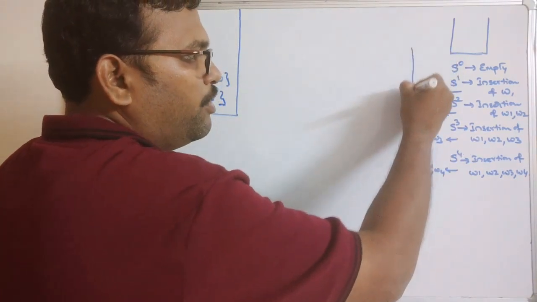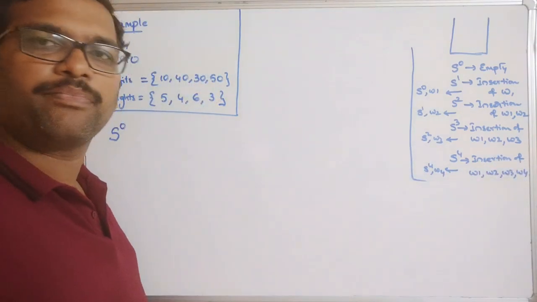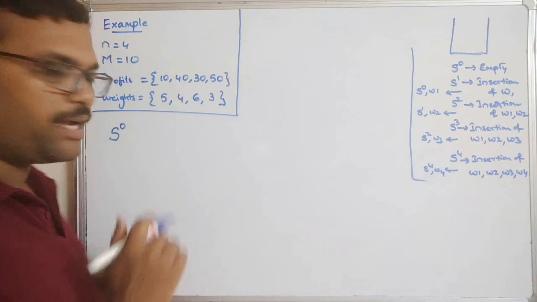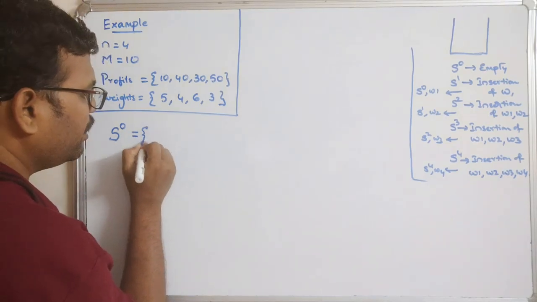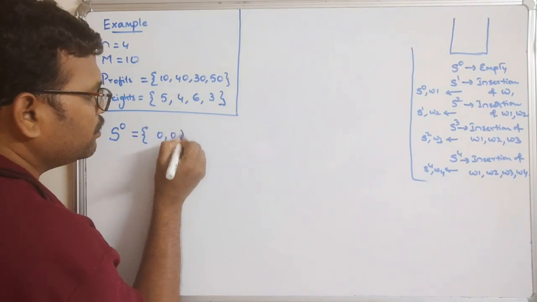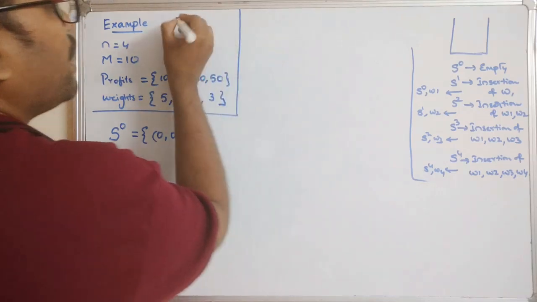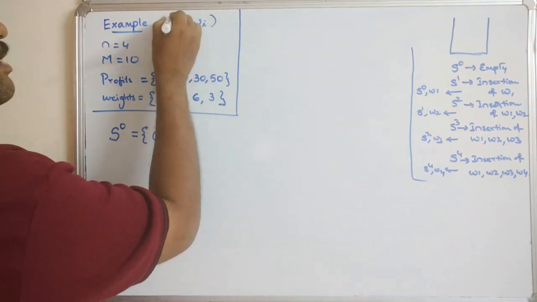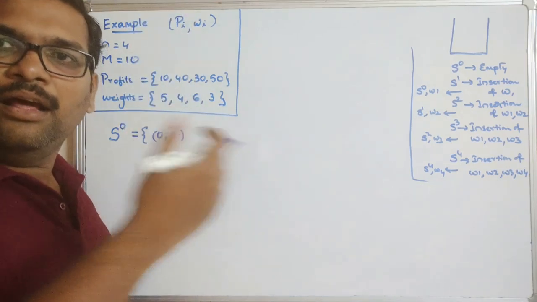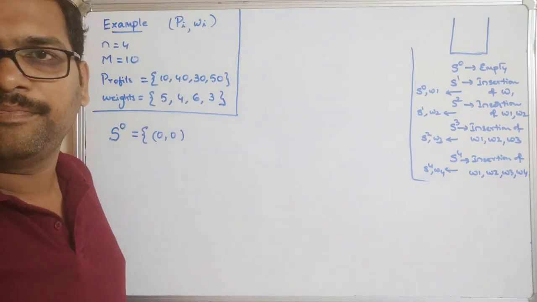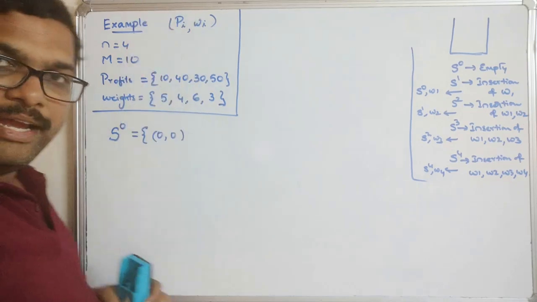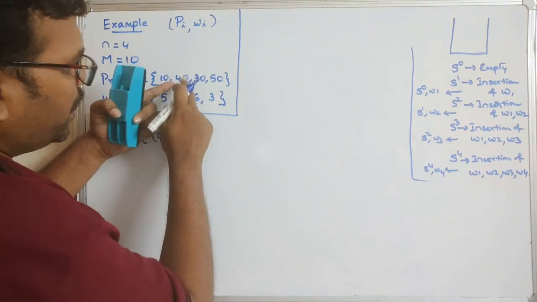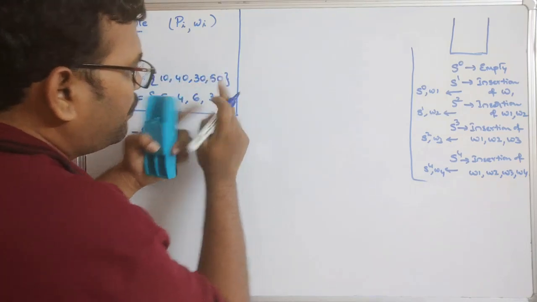Now we have to find out all these things, right? So first S0, that means empty stack. So we are not moving anything, right? 0, 0. So here we are representing as PI and WI pair, a profit and the corresponding weight. PI and WI, profit and weight. So 10, 5, 40, 4, 30, 6 and 50, 3.